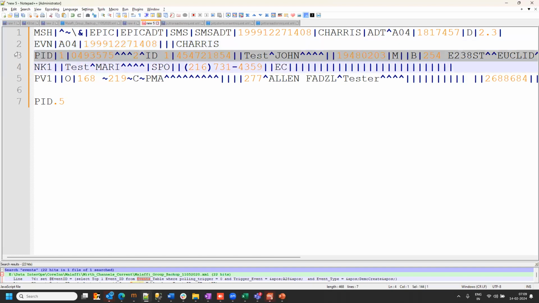And whenever we want to understand which field has what kind of data, we saw that every segment, like the PID segment, has its own fields, and each field is dedicated for a certain data element, right? For example, if you want to look at name, we understood that PID field number 5 is dedicated for patient name, and this is universal. And these are fixed placeholders, they don't change.